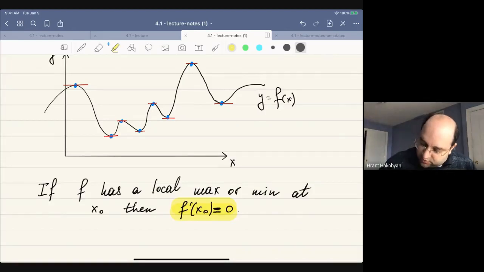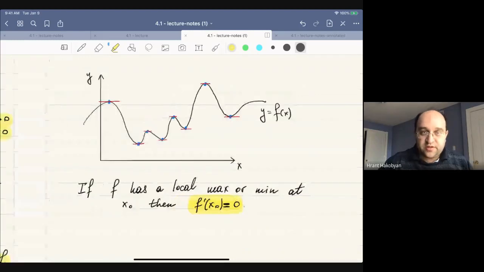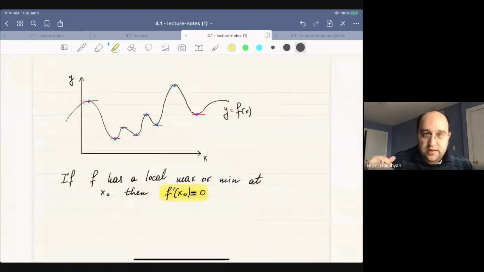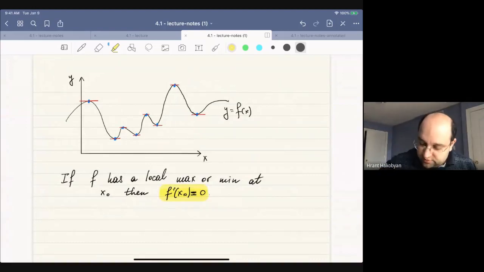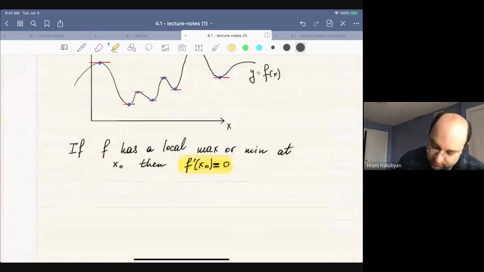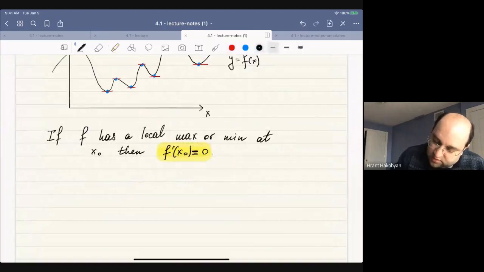So we call these points where the derivative is 0 critical points. So the critical points are the points where the derivative is 0. So let me actually say here, what are critical points?